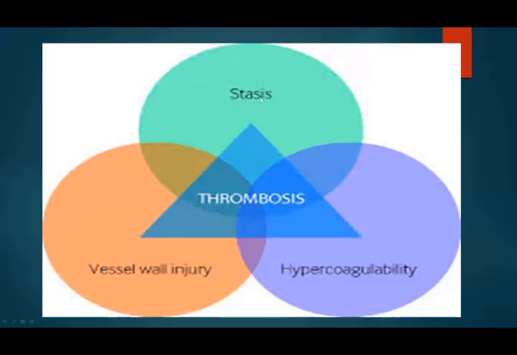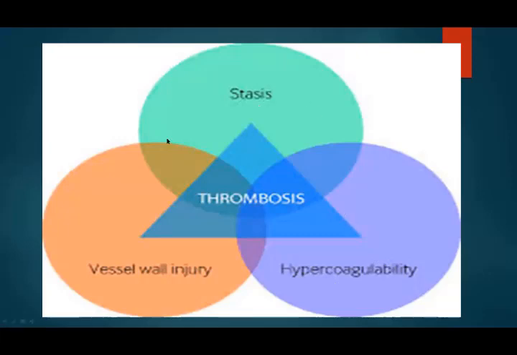The vessels in the lower limb especially are affected, and the blood circulation is a bit on the side of stasis in the lower limbs especially. There is a risk of vessel wall injury, as well as hypercoagulability itself, as we will see now in the fibrinolytic system.